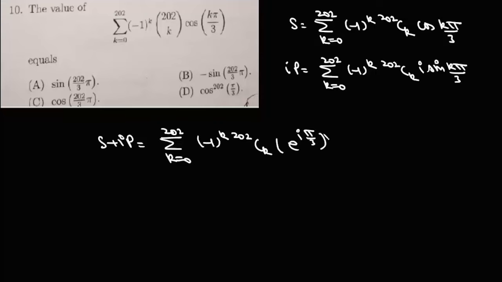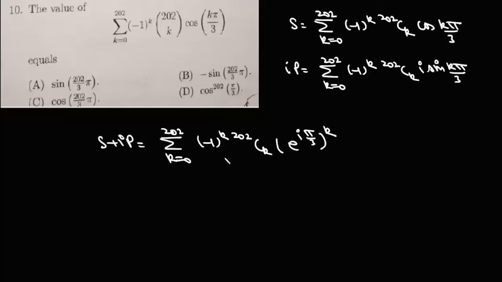Now if we add them, we can write S plus iota P as this summation k varies from 0 to 202, and then it will be (minus 1) to the power k, 202 Ck, and this is cos theta plus iota sine theta, which is e to the power iota theta. So we can write this as e to the power iota pi by 3 to the power k.